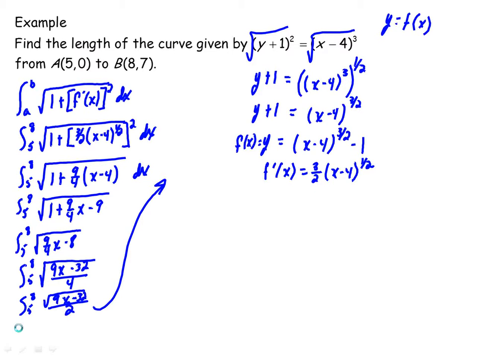Okay. So I'm going to take the 1/2 out front. It's a constant. It doesn't have anything to do with the x values. So that's what allows me to pull it out front. So I'm going to have 1/2 integral from 5 to 8. And then I'm going to say 9x minus 32. Now I'm going to raise it to the 1/2, because I'm ready to integrate at this point.